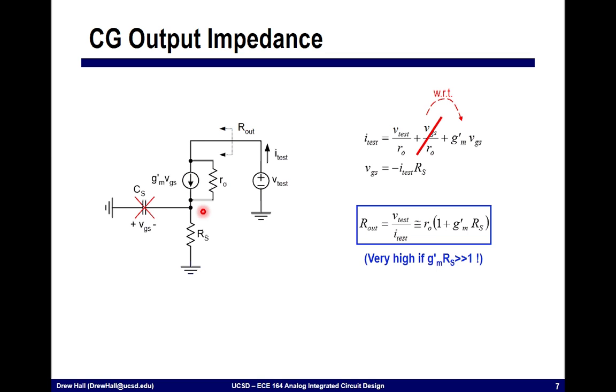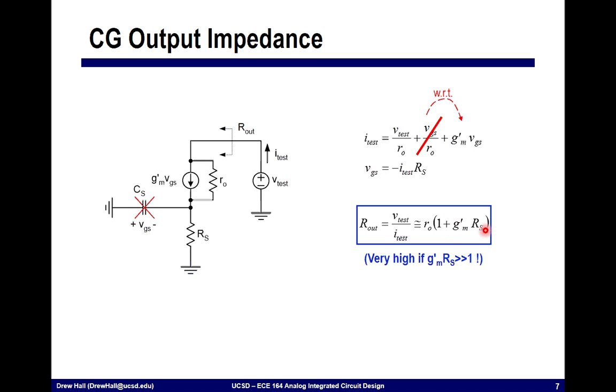Okay? And so what happens in feedback is we always have this 1 plus AF term. And feedback can do a couple of things. It can either increase our output impedance or decrease our output impedance, but it always does so by this 1 plus AF term, or 1 plus beta if you're used to that terminology. So in this case, the output impedance is going up, and it's going up by our 1 plus AF term here, or our loop gain, which is gm prime times RS.